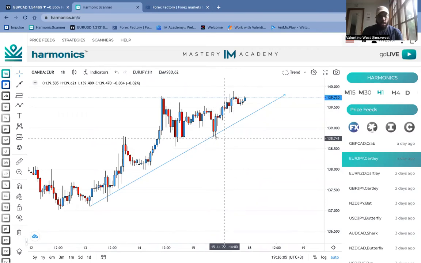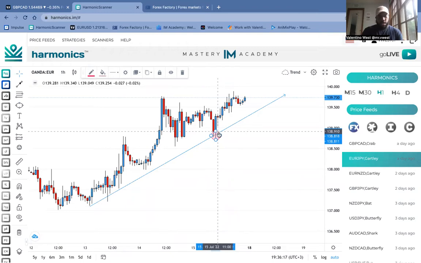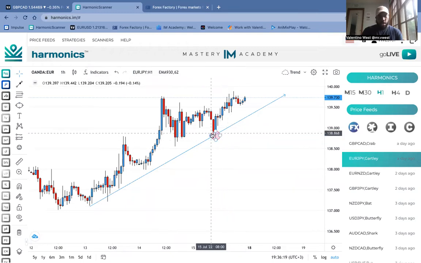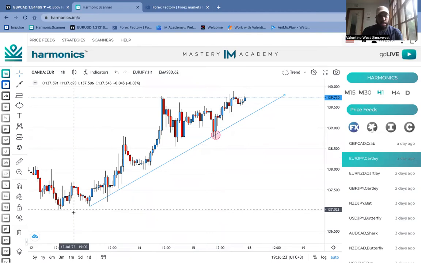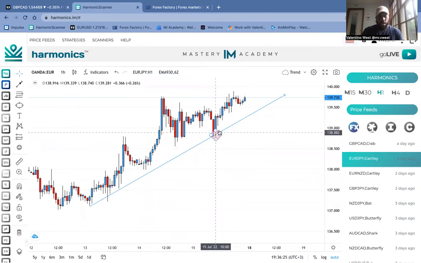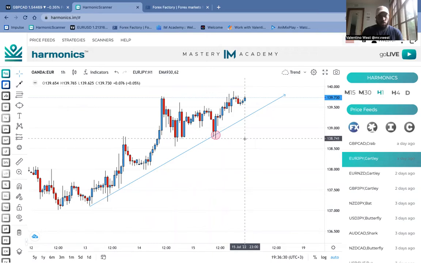Now, where that green line came out was about this area here. Okay. This is where it was telling us to enter. As the market was moving, it was telling us to enter around this area. Okay. So seeing that we're in this uptrend, this is what I will do. I will draw a horizontal line.